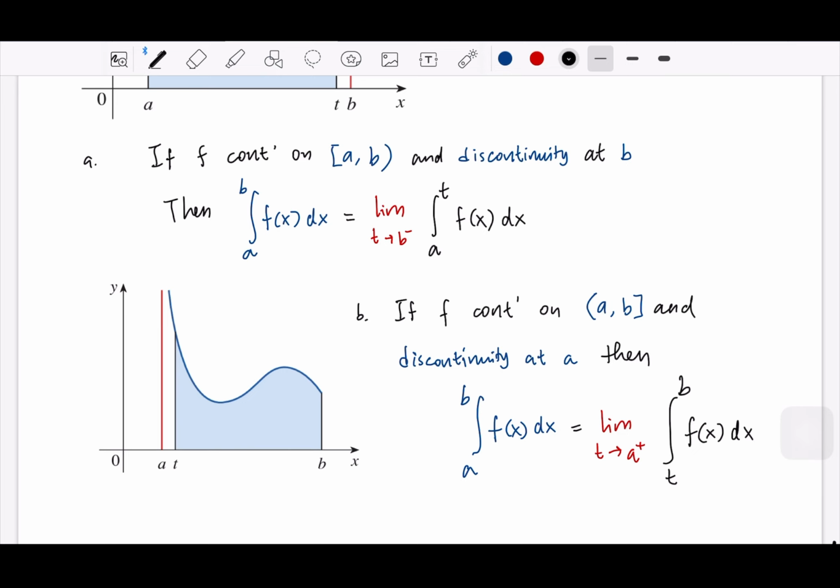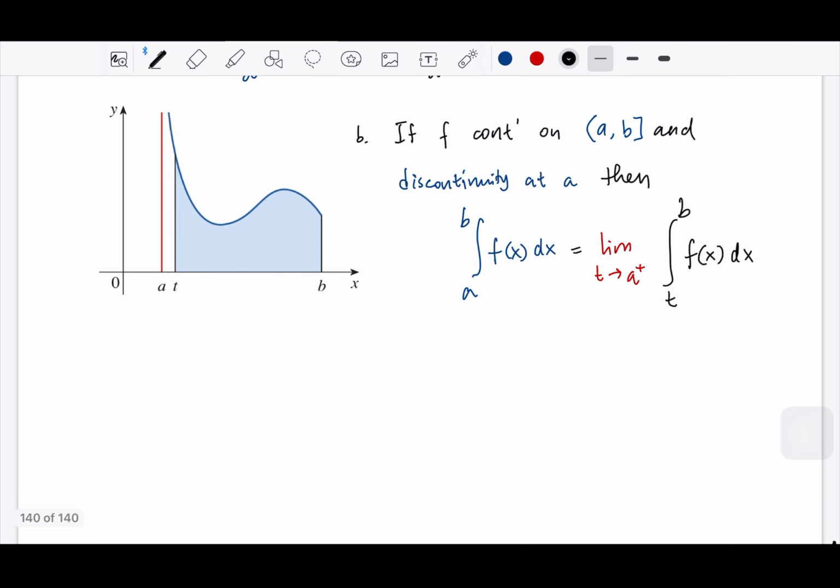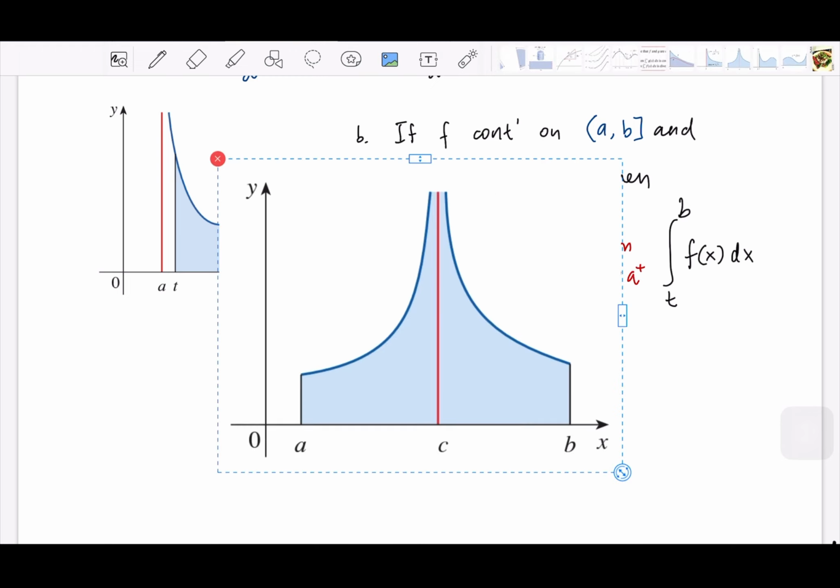Another statement on this type 2 is when we have this figure.